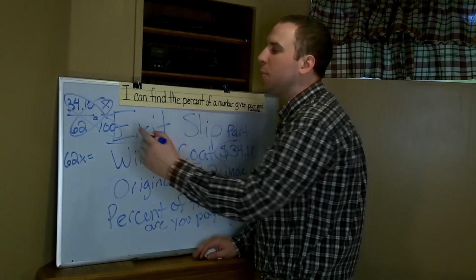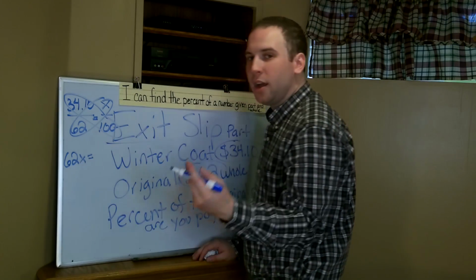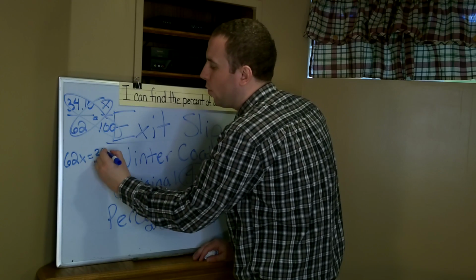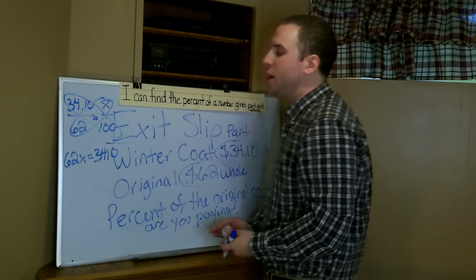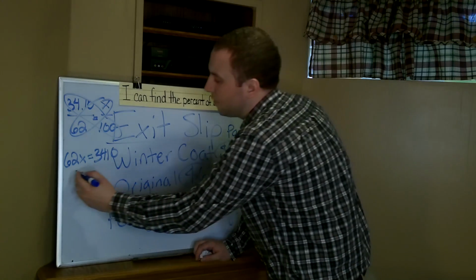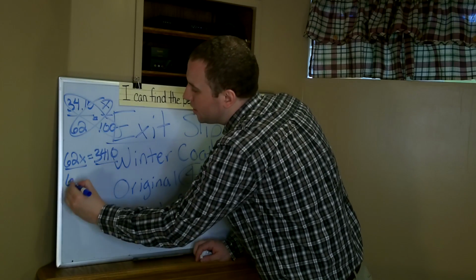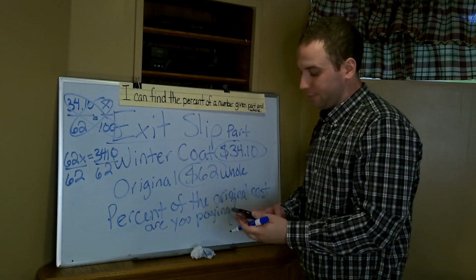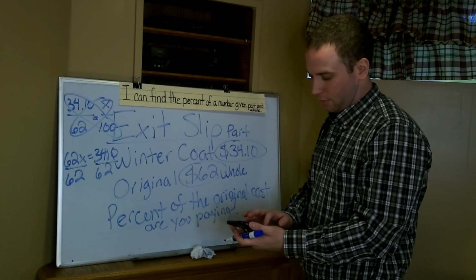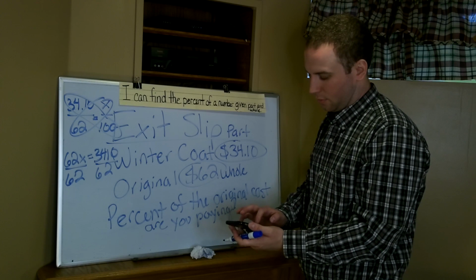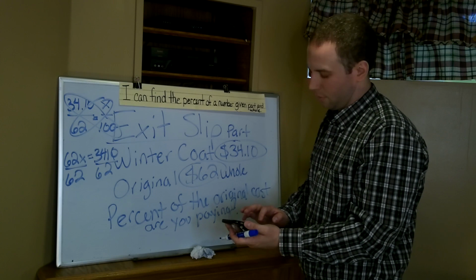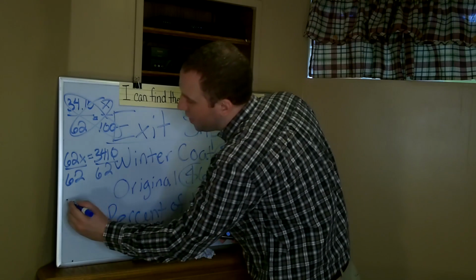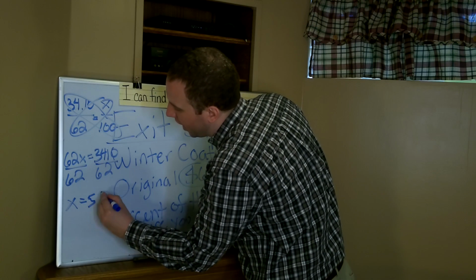When we multiply by 10, 100, or 1,000, we can just move our decimal place over two places for 100. So what we'll end up with is $3,410. We're going to divide both sides by $62. In doing so, we'll end up with x equals 55%.